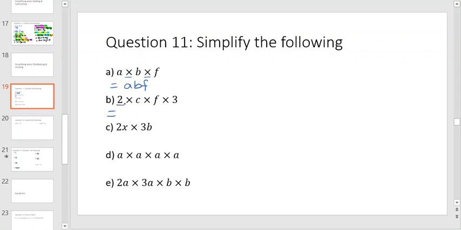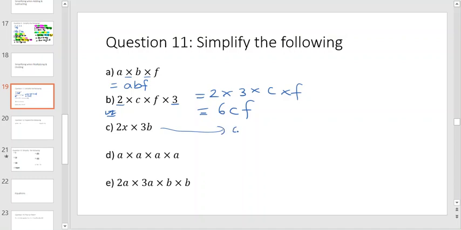So whenever you see numbers now, we multiply them as normal. So I can rewrite it as, I'll just do it over here, more room. So I've got 2 times 3 now, I'm going to work out, and then times c, and then times f. 2 times 3 is 6, and then c times f is just cf. And all the multiplication symbols become invisible. That should have been your final answer.